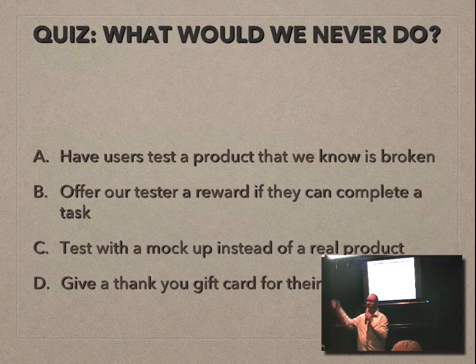All right, who thinks number 1 is something you probably wouldn't do? Number 1, A. Sorry, on my phone it's A. Who here thinks A is something they probably wouldn't do? I saw some hands up, that's fine. But you know what? I think A is okay. As a matter of fact, I do this all the time. I say, this is a product that's got some problems, there's some things that aren't working.